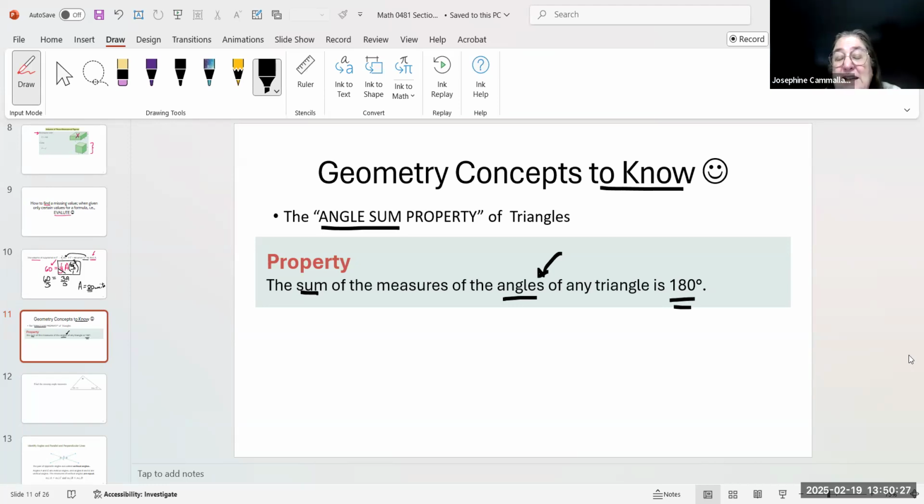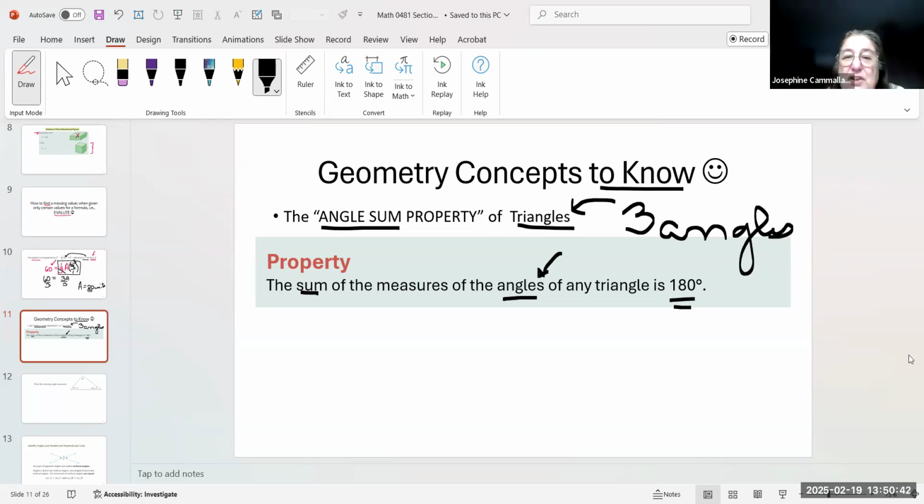That S is indicating that I have 3 angles. A triangle has 3 angles. So all 3 angles have got to add to 180 degrees. So the magic number to remember when you see triangle is 180.